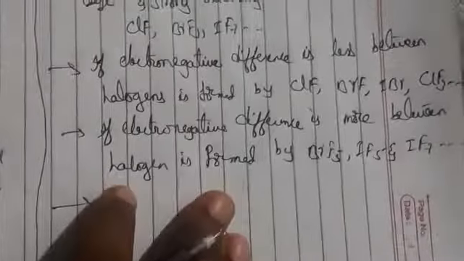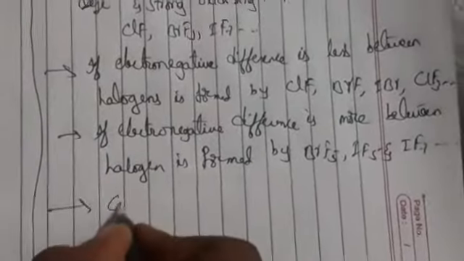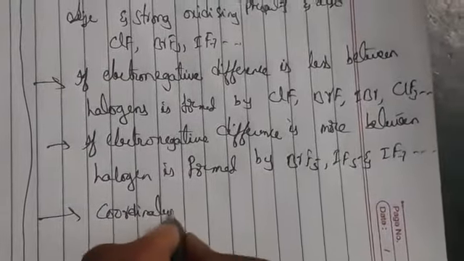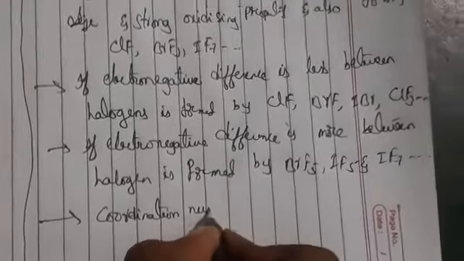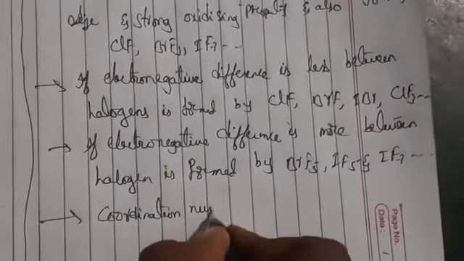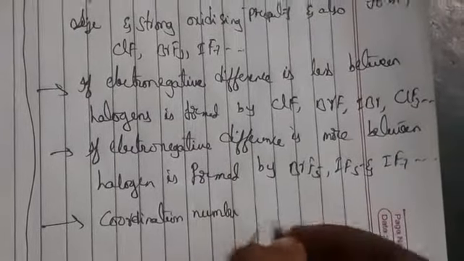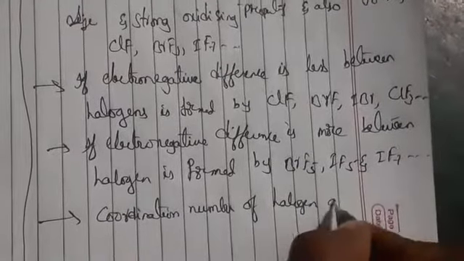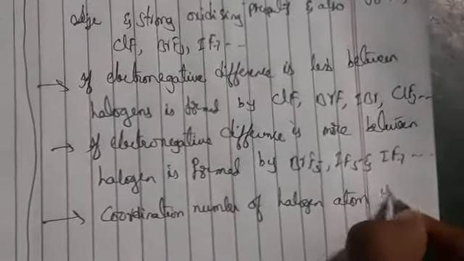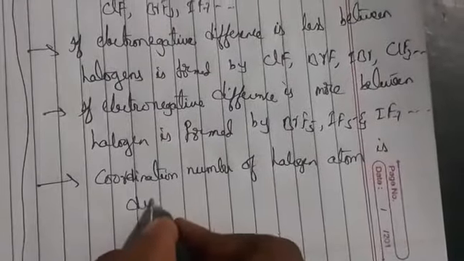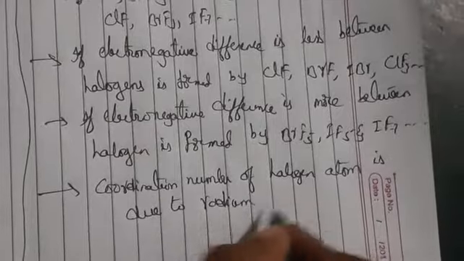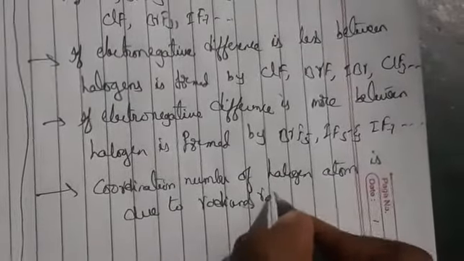Then how will you find the coordination number? The coordination number of a halogen atom is due to the radius ratio. So how are we going to calculate the coordination number in a halogen atom?